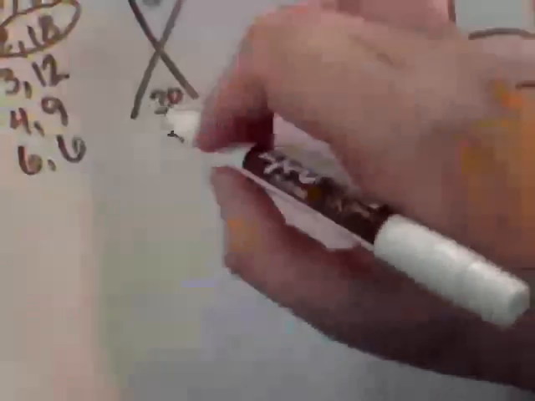Okay, so numbers that will multiply to make 36, but add to make 20. When I start looking at my options over here, there's only one pair that adds to make 20, and it's the 2 and the 18. And the only way it's going to add to make 20 is if it's a positive 2 and a positive 18.